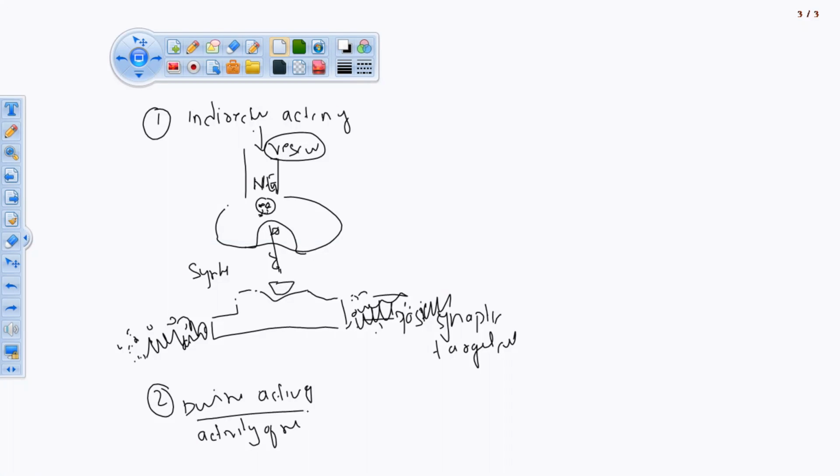Direct acting drugs will act not on the neurotransmitter, not on the synapse, not on the postsynaptic. They act directly on the cleft where the neurotransmitter coming in fitting to the receptor, according to the function they are acting.